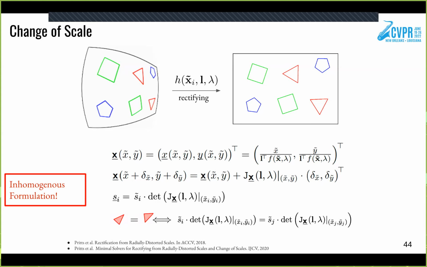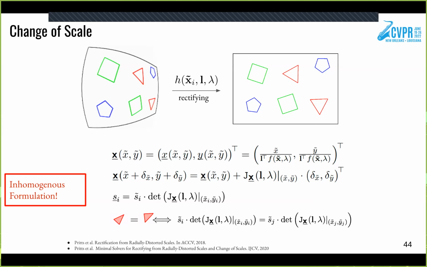just by taking the first order approximation. And you can see the Jacobian falls out there. It's a function of L and lambda. And then we capture the change of scale, which is the determinant of the Jacobian.